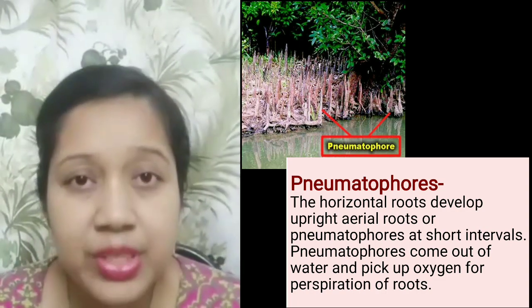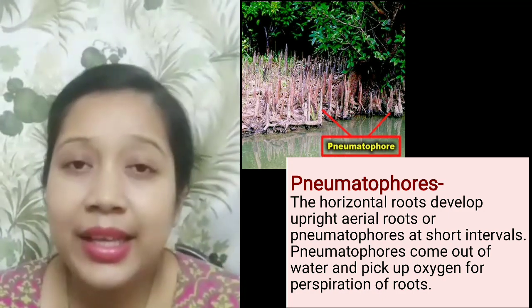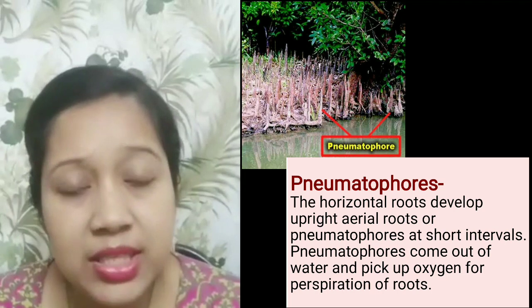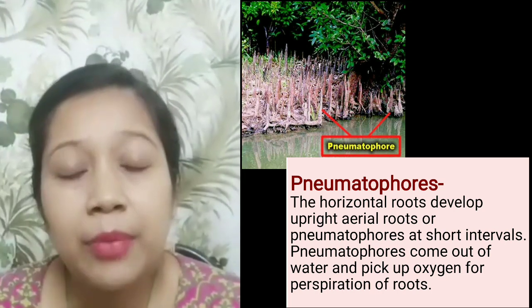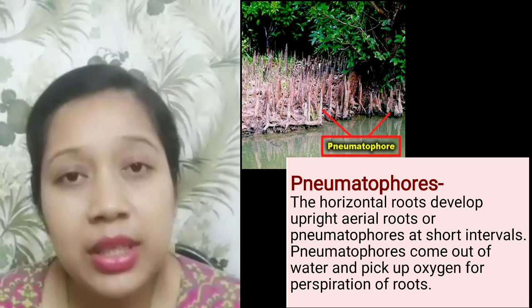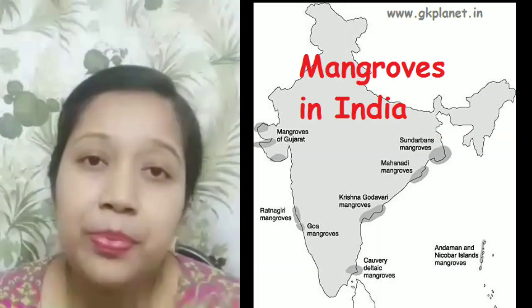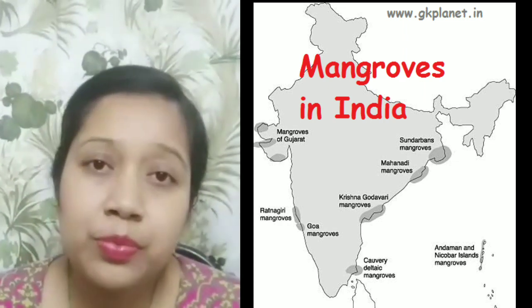And as they increase their respiratory functions, they can survive during those days or months in which they come in contact with the saline water. In that way, such plants can survive in adverse conditions also.